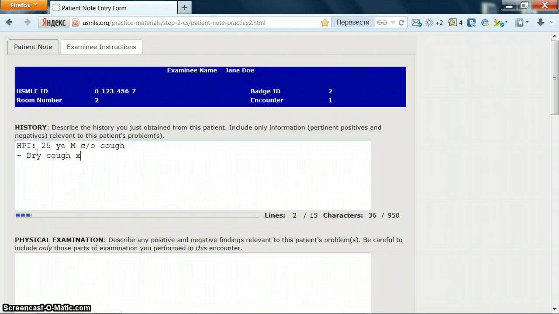Dry cough for 2 weeks, no progression, no aggravating or alleviating factors.